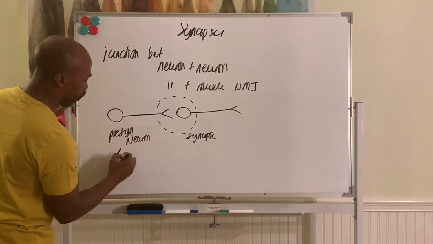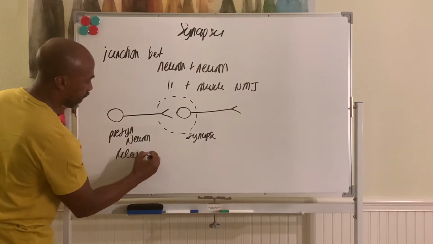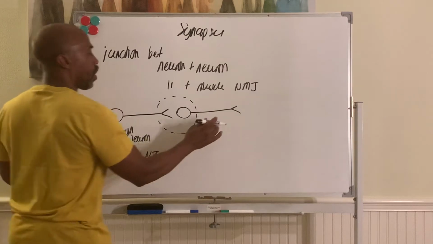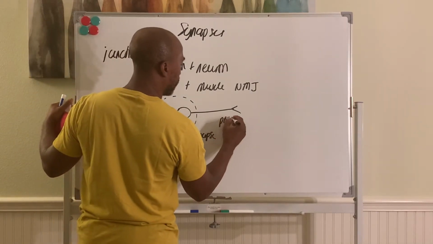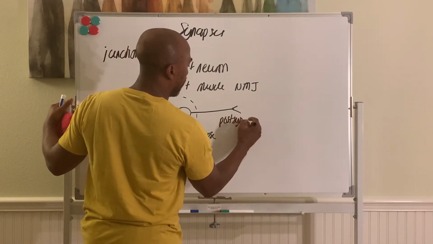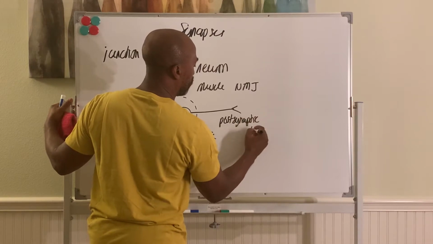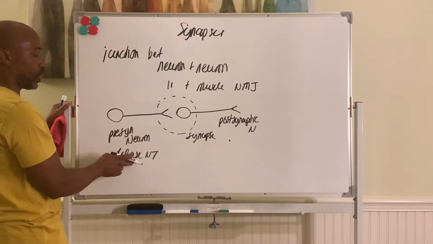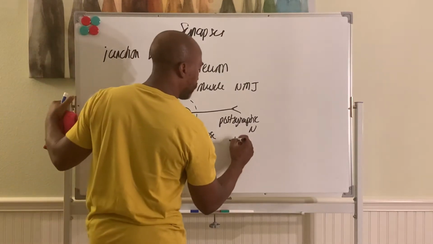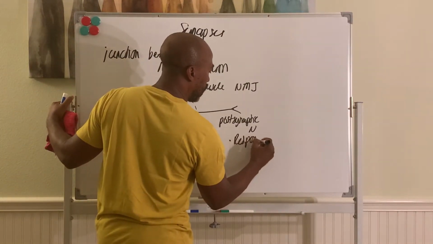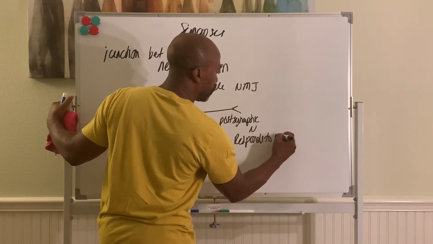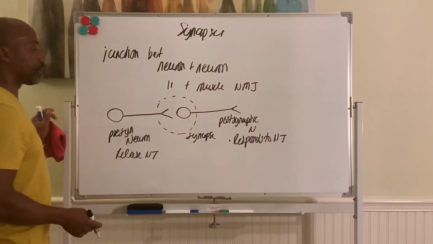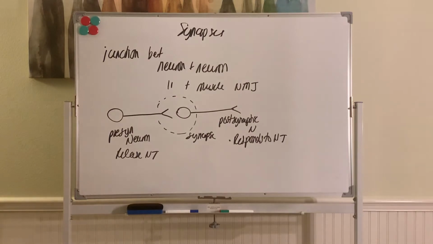It's the one that will release the neurotransmitter. Over here is your postsynaptic neuron. It contains receptors that can respond to the neurotransmitters which are released from the presynaptic neuron.